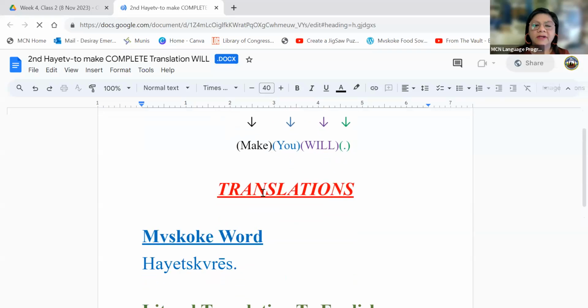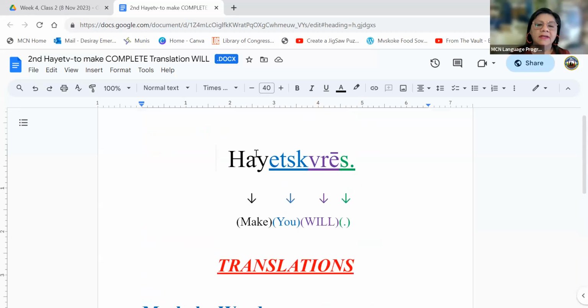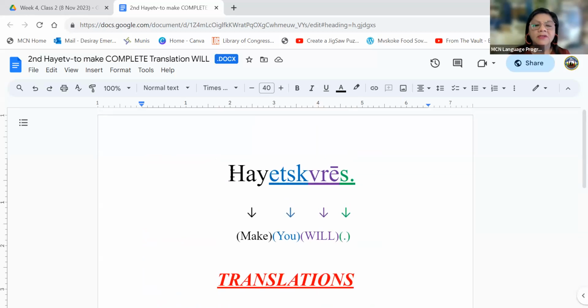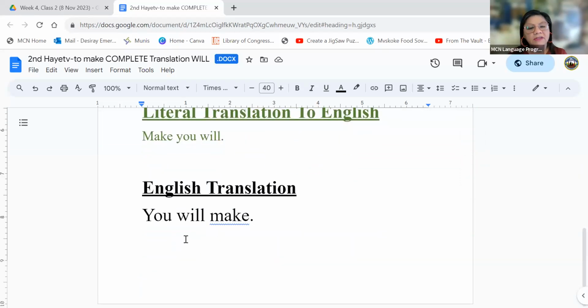So when we conjugate, you see right here, this is the verb. It's in the very beginning. I guess you can say that the verb in the Muskogee conjugation comes first, but in English, what we learned in college, the verb comes last.